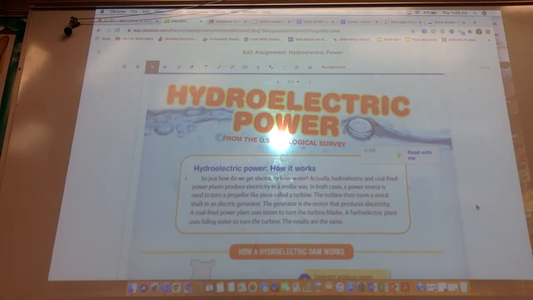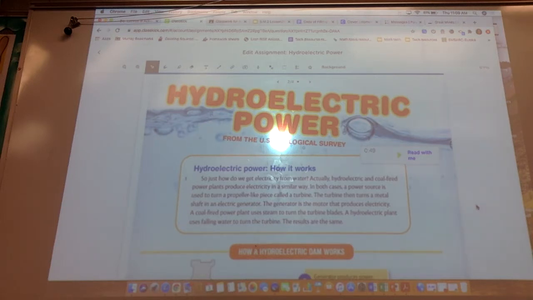The turbine then turns a metal shaft in an electric generator. The generator is the motor that produces electricity. A coal-fired power plant uses steam to turn the turbine blades. A hydroelectric plant uses falling water to turn the turbine. The results are the same.